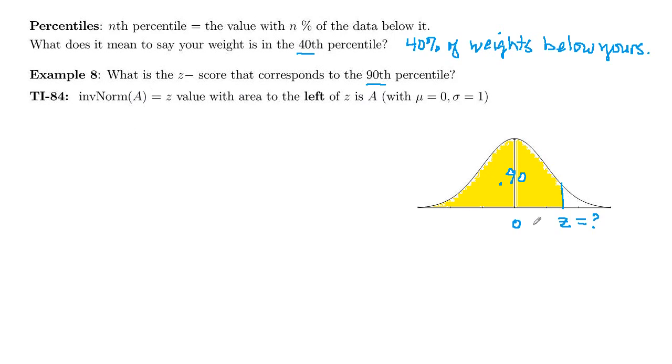So what we want to do here to get that z value, that z is going to be the inverse norm of 0.90. So that's the calculator command on the TI.